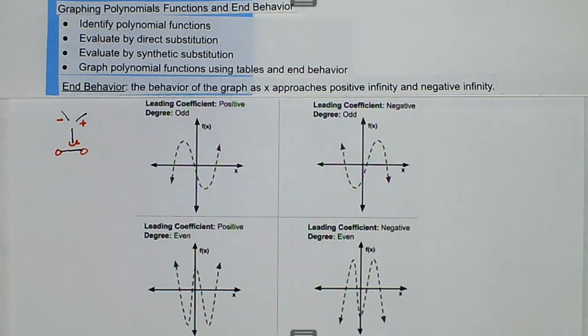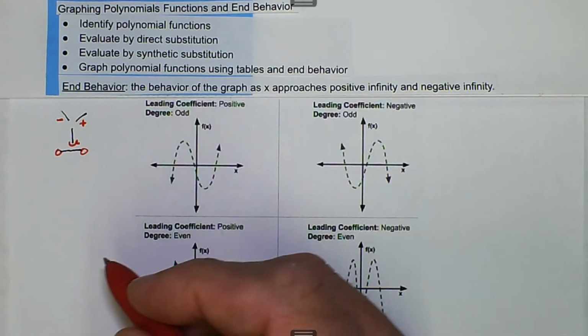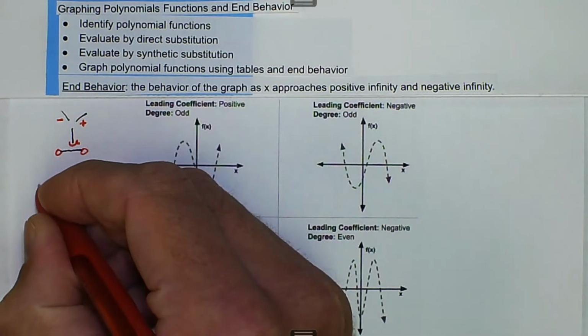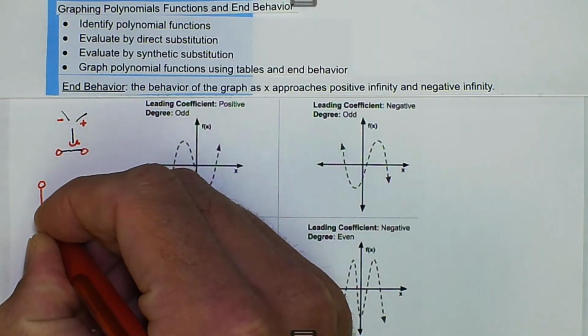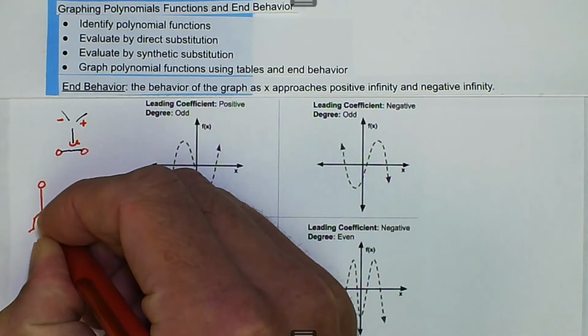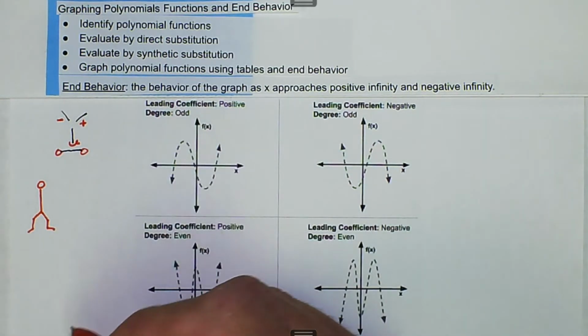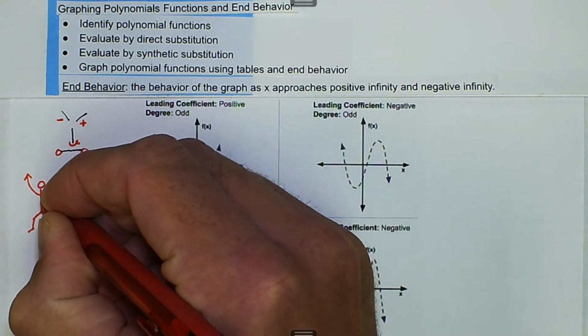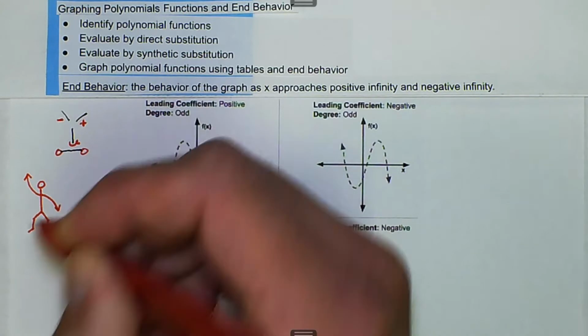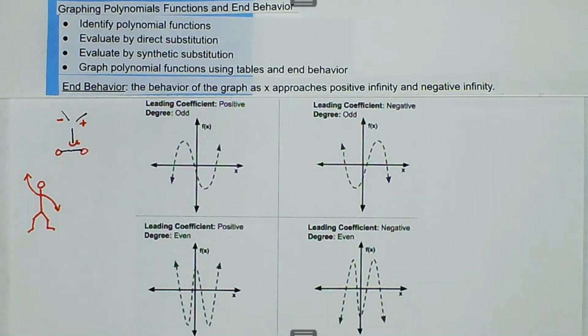One other thing that we want to talk about is kind of related to things that we know. Back in the day I used to watch wrestling, and there were these characters called the Bushwhackers, and they always walked around with their arms pointing in opposite directions. So if one arm was up like this, the other arm was down like that. And so they remind me of an odd function.